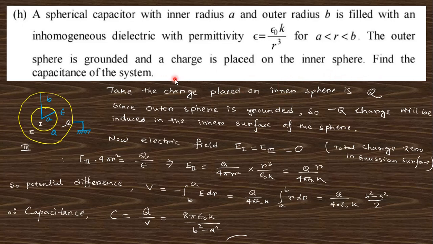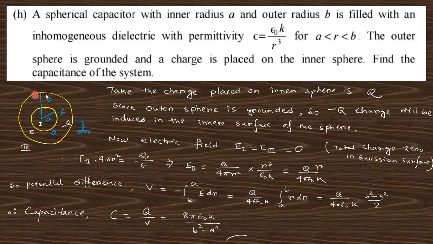Okay, so you can see the electric field within the inner region is 0 because there is no charge, and in the outer region the total charge is also 0, so the electric field is 0. So the electric field exists only within region 2. Actually there is a charge q and an induced charge minus q, and the outer positive charge is grounded, right? So this is the scenario here.